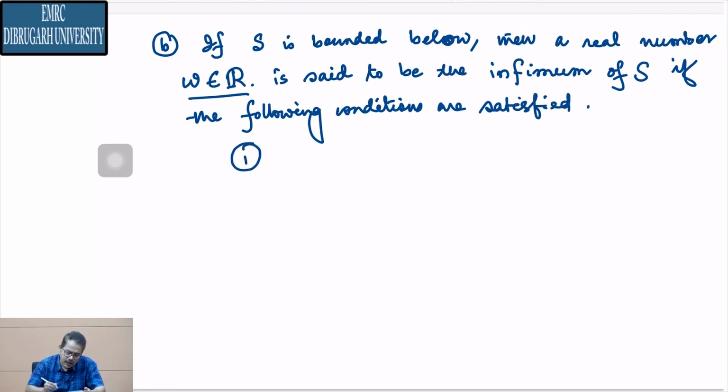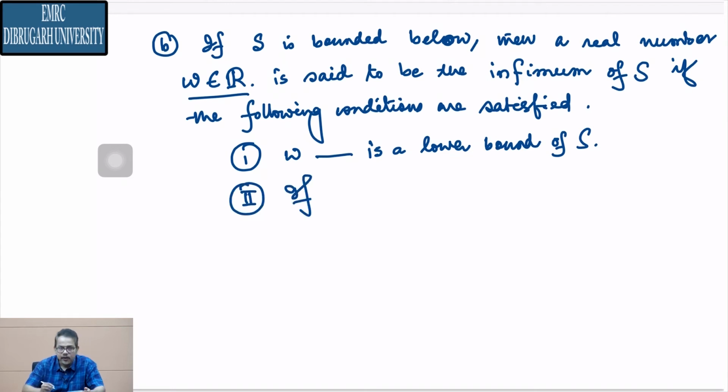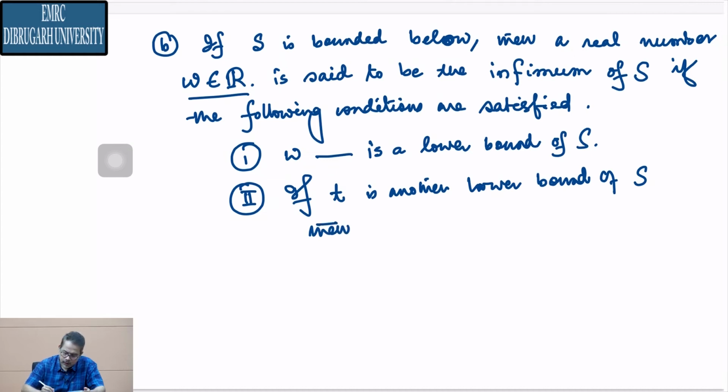The first condition is that W is a lower bound of S. The second condition is that if T is another lower bound of S, then T must be less than or equal to W.